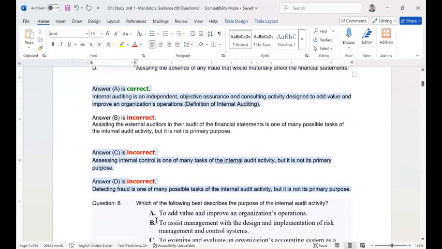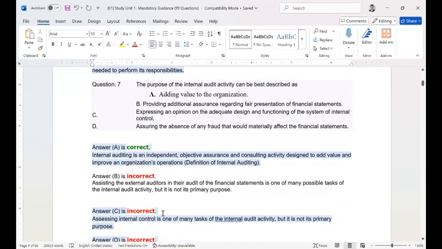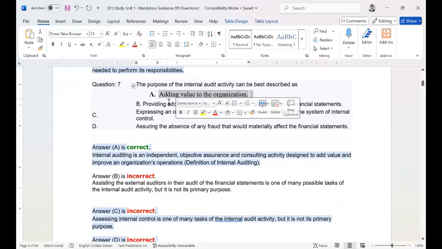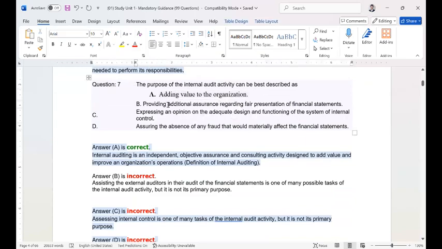This is also another thing where they ask you the purpose of adding value to the organization. That's very important. That's always an overarching purpose. Our sole job is to add value. Can you remember? How we do that is by adopting a disciplined, systematic approach to evaluating the effectiveness of governance, risk management, and control.